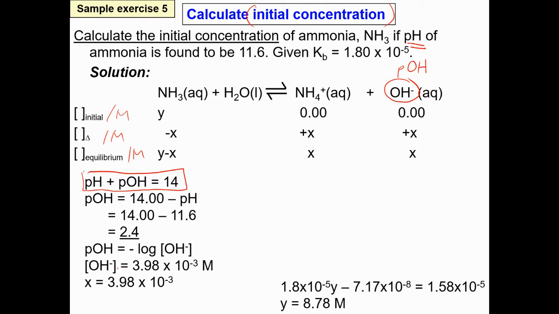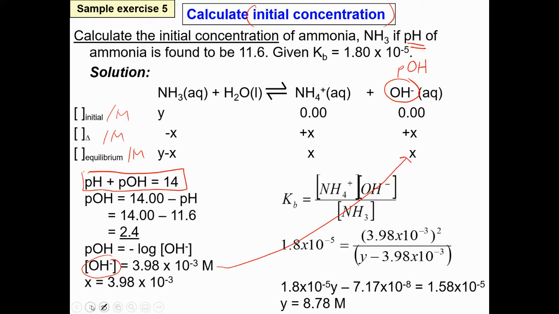So when we find the concentration of OH minus, it represents X. Then after that, in order to find the initial concentration of ammonia, do we also need to use quadratic to solve the problem? No need for quadratic because we have 10 to the power of negative 5, which is very small.